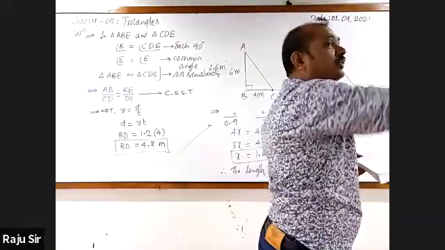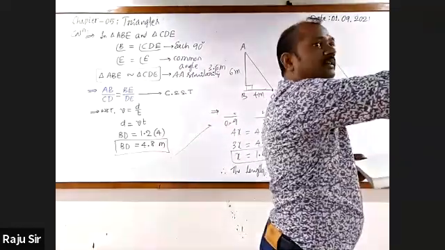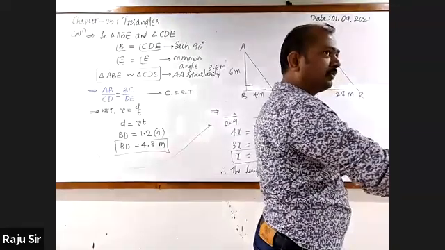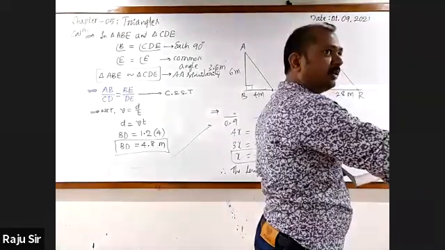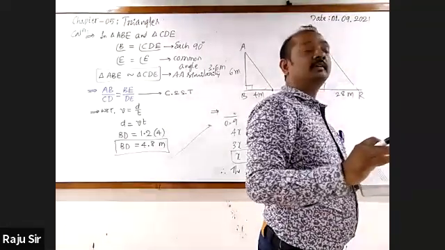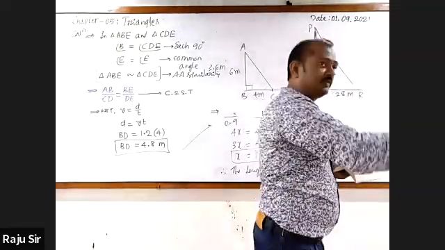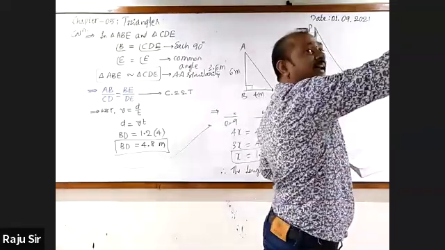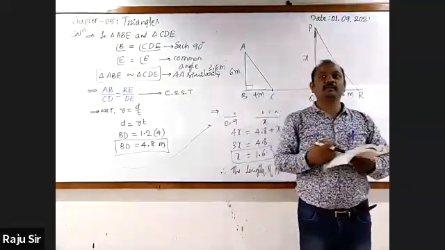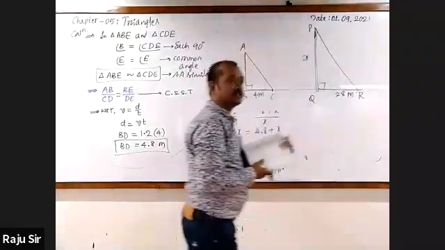So what do you call that angle? Angle of elevation. If I want to look down, then I should bend down my head. So viewing down is called the angle of depression. This is elevation. This is depression. Now you are all observing me. Elevation or depression? Angle of elevation.